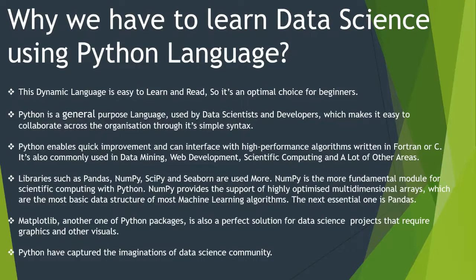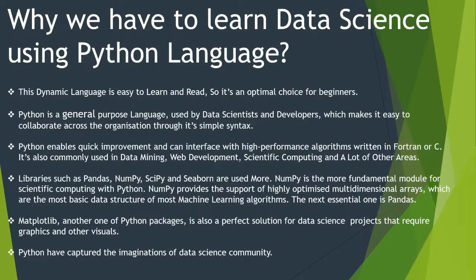And then in C++, we should give cin, cout, and then hello world, like that. Python enables quick improvement and can interface with high performance algorithms written in Fortran or C. It is also commonly used in data mining, web development, and scientific computing, and a lot of other areas.